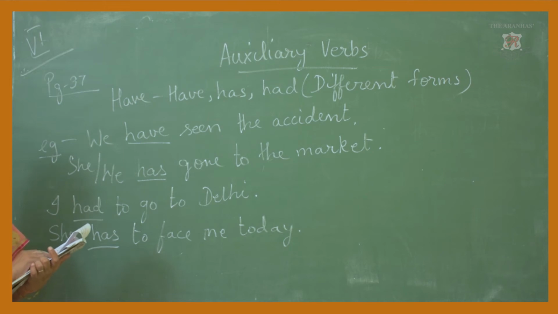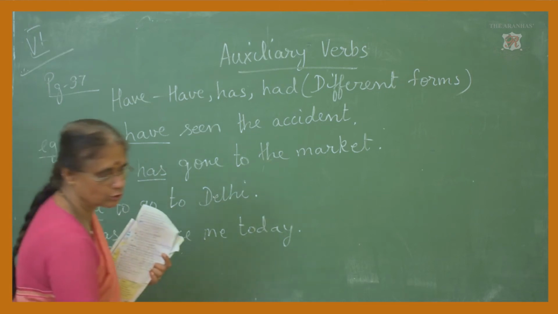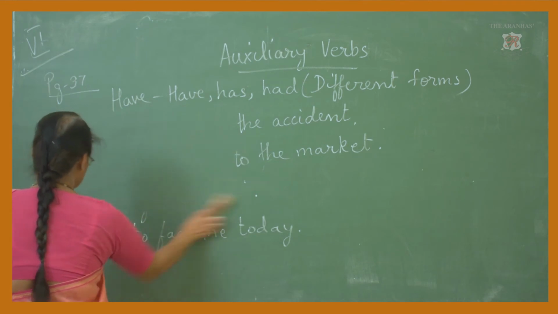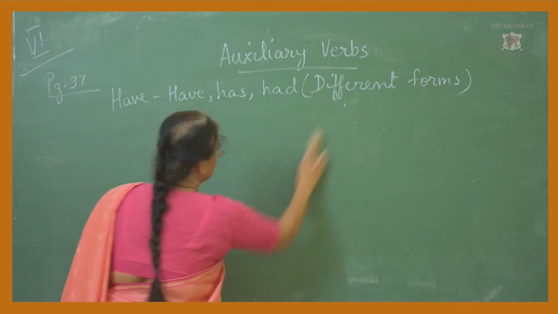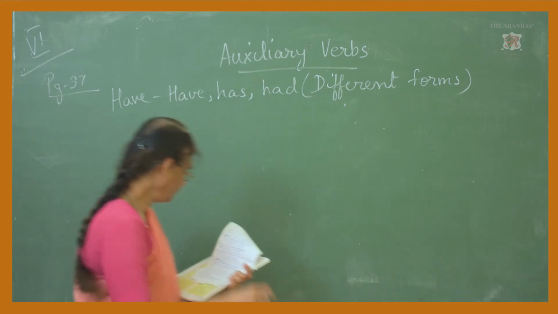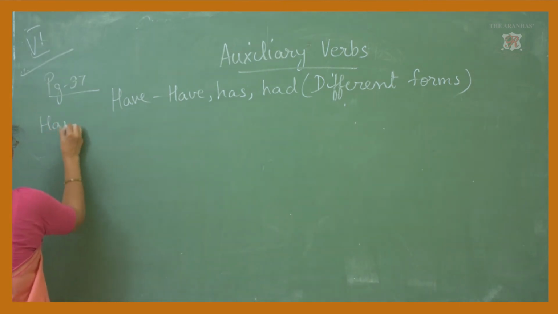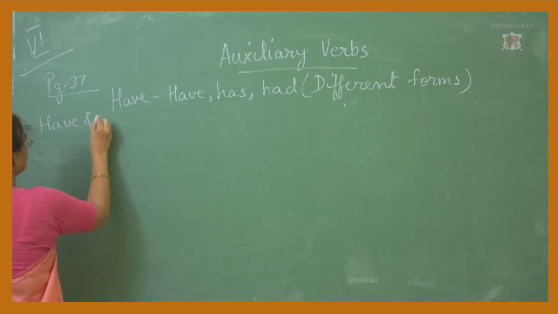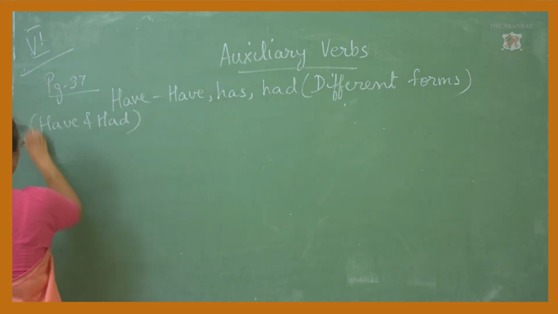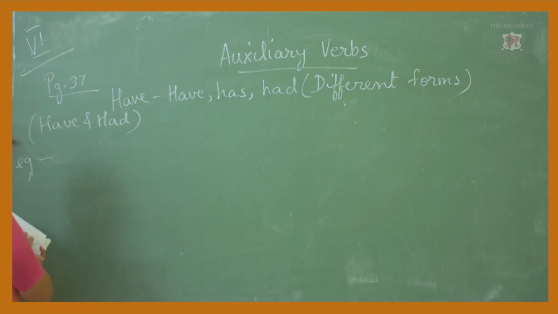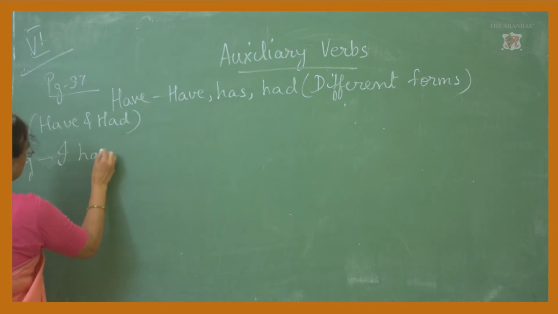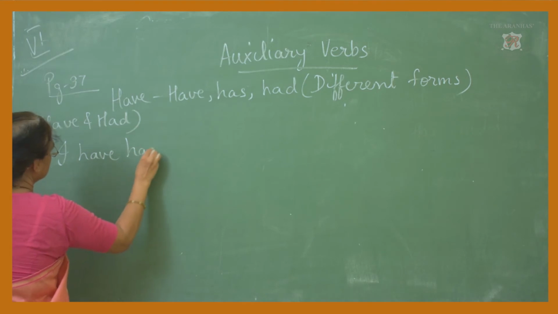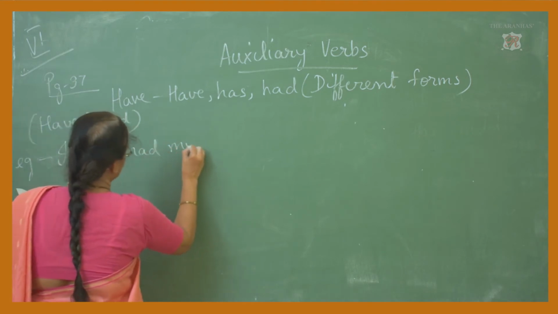One more time I will give you. That is have plus had. That means both these words are there. Have is also there. Had is also used in the sentence. How it is used, we will see. Have and had, both are present. I have had my breakfast.